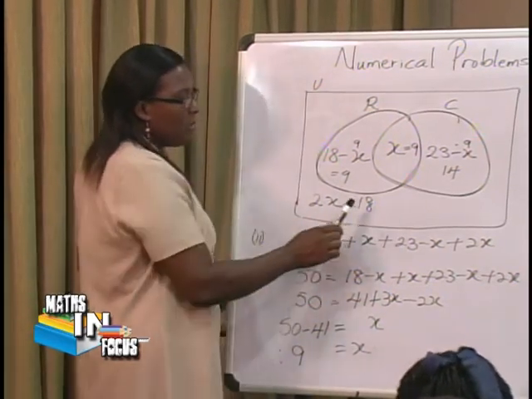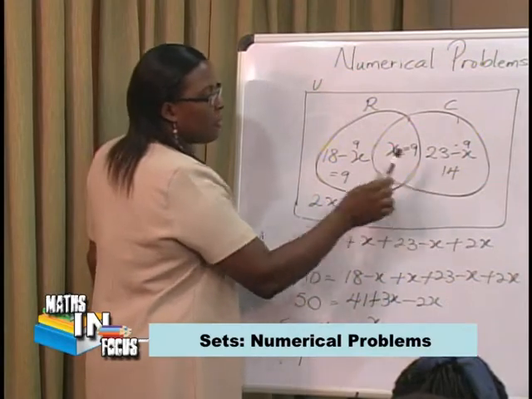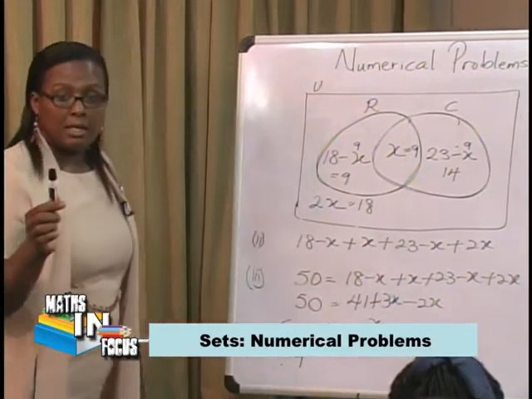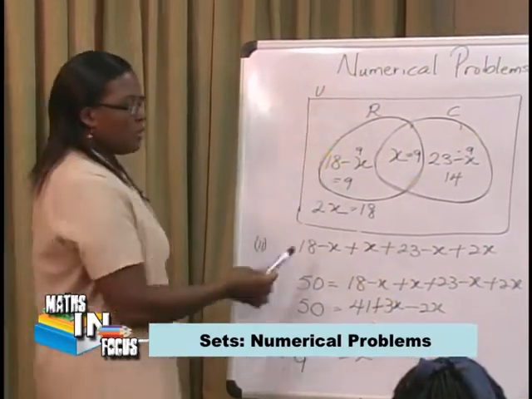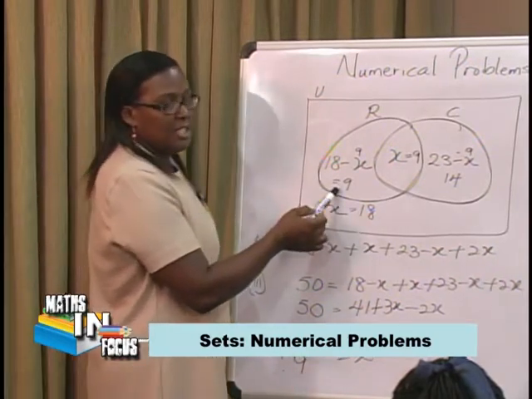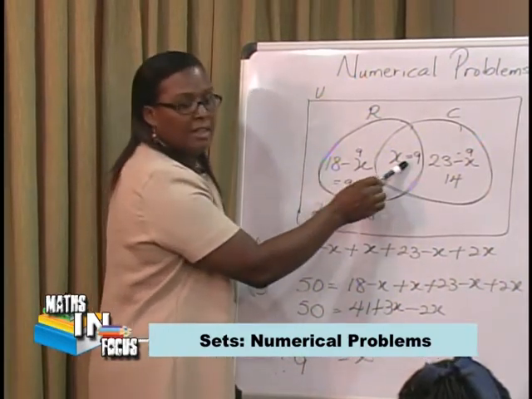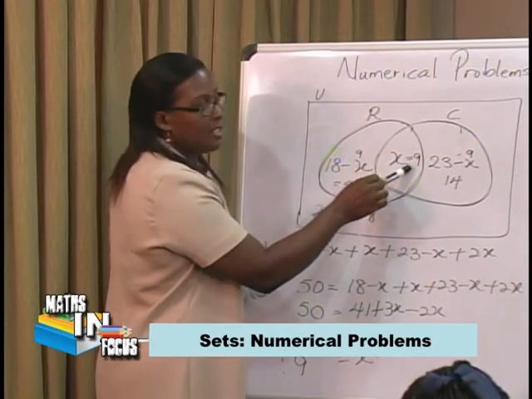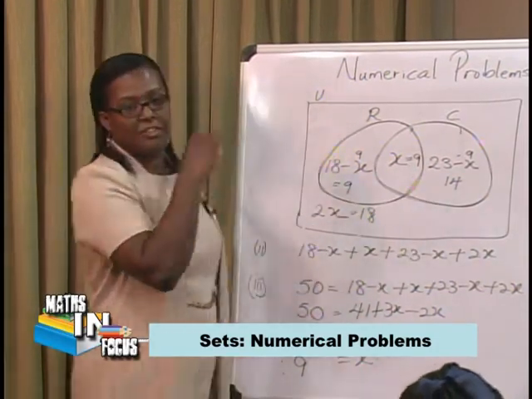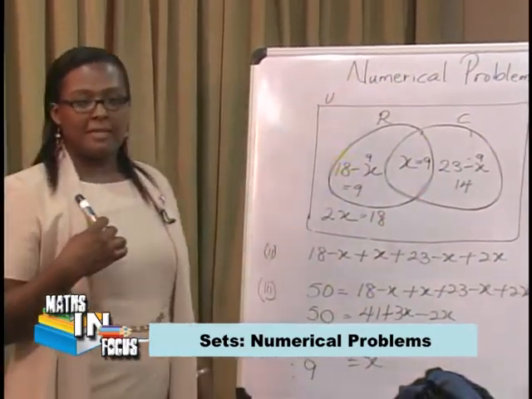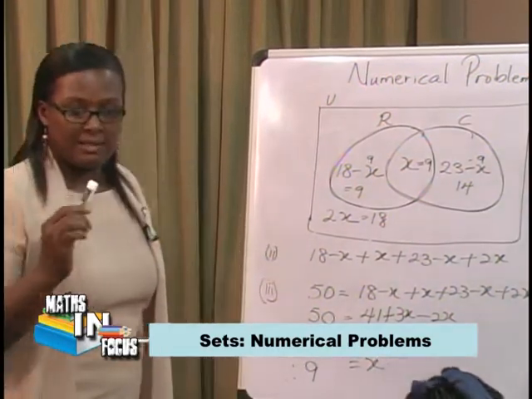Now when we sum 18, 9, 9, and 14, we must have 50. So we have 18 and 9 would give us 27 and 9, 36 and 14 would be 50. So we have an equation there that is balanced.